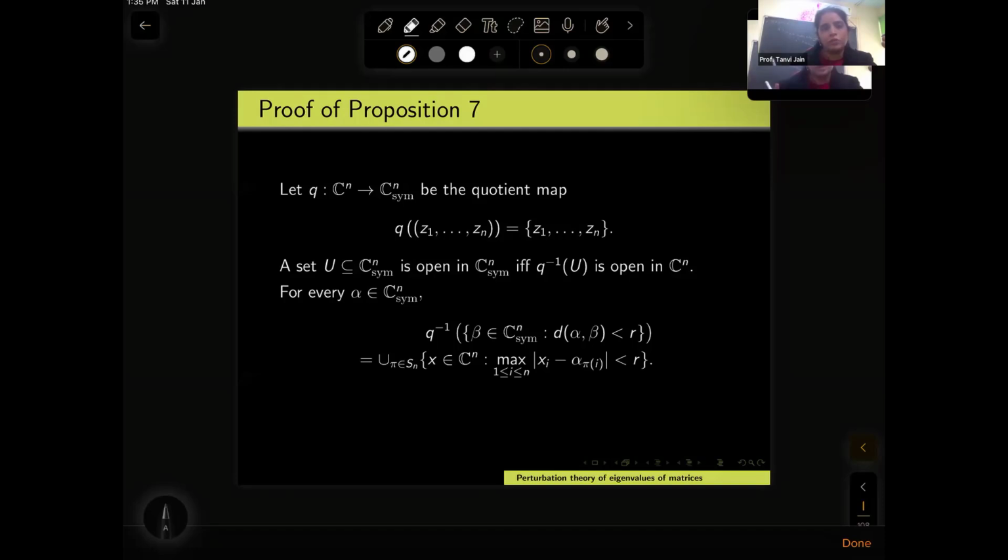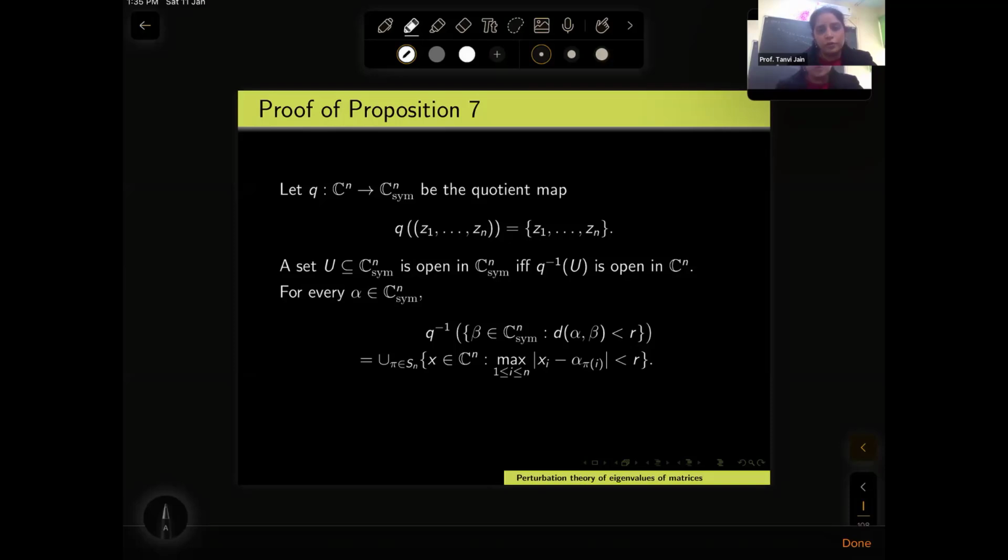Remember, it's a multi-set, so z_1 and z_2 can be equal; the same numbers can be repeated. So an ordered tuple goes to an unordered tuple. This is the quotient map.